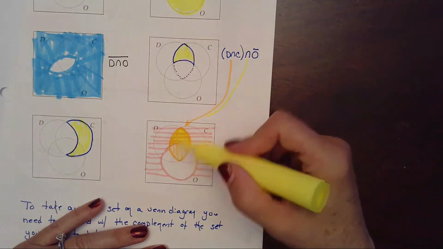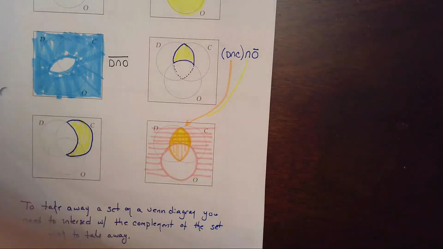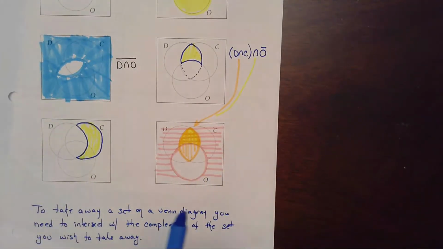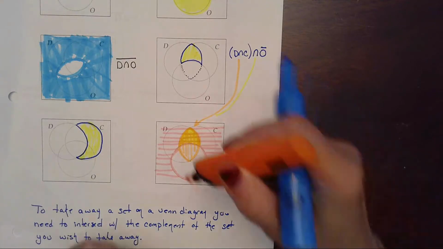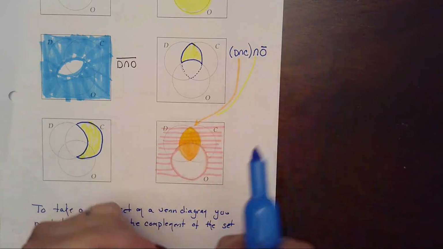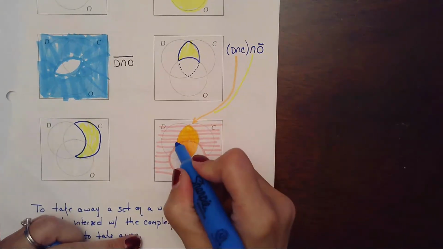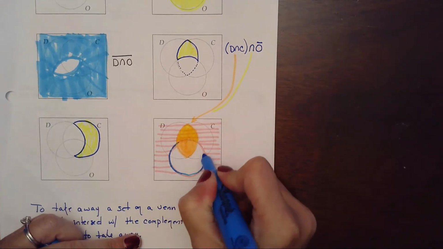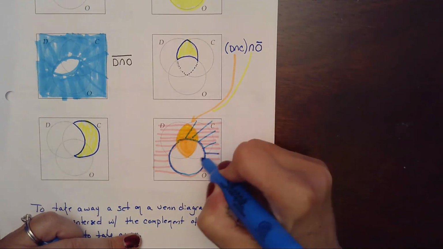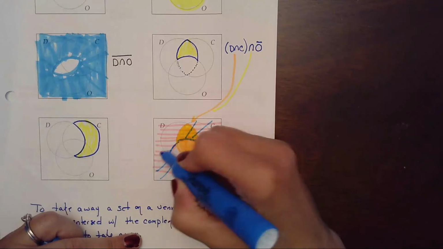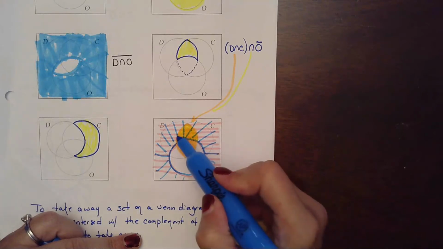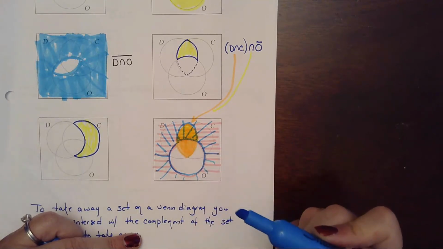Maybe if I made them in a different color. So you started off with the orange football, right? Here's the orange football. This is what we started with. And then O bar looks like this. Do you see the only place where those are in common is that orange football, the top of it? Right here. It's the only piece that those have in common.